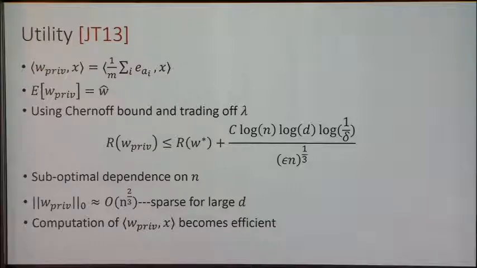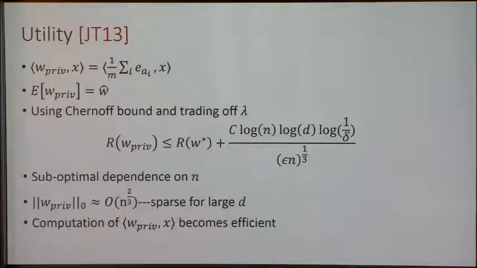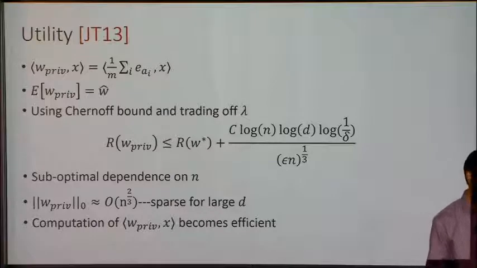But one interesting thing is that the way we estimate W private is by adding these canonical basis vectors. That's why we can bound the number of non-zeros roughly by n to the power 2/3. So if my dimensionality is very large, the private output that we obtain is very sparse, even though the original vector W hat was dense.